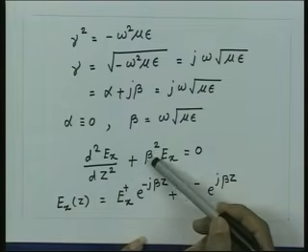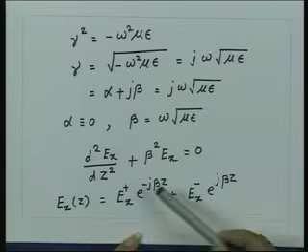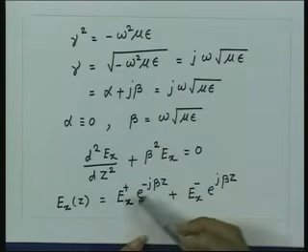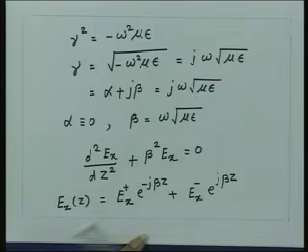And then this second order differential equation in general has a solution representing two waves travelling in opposite directions, the positive z and negative z directions, with amplitudes Ex plus and Ex minus.